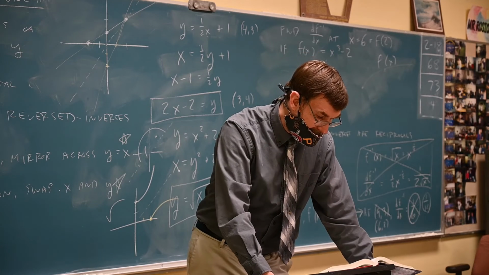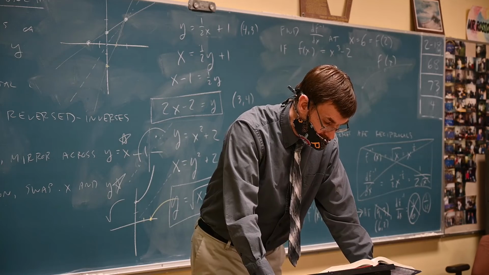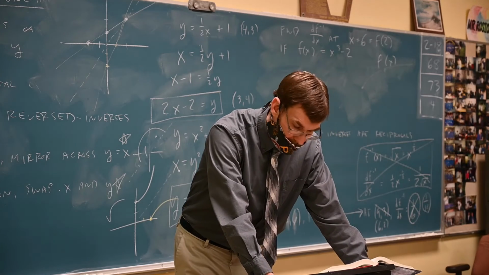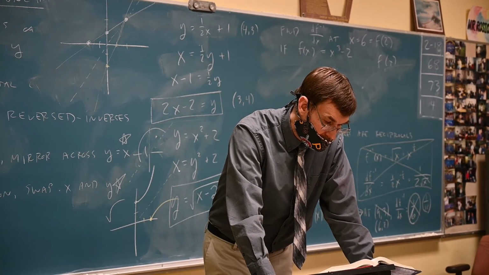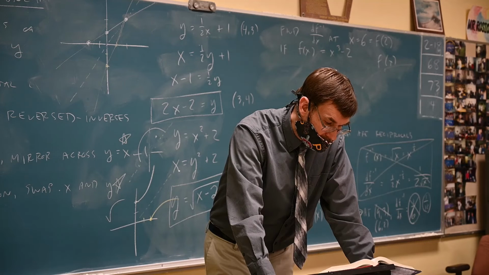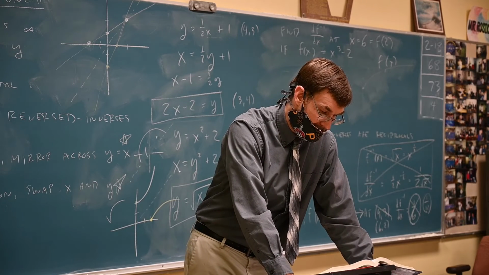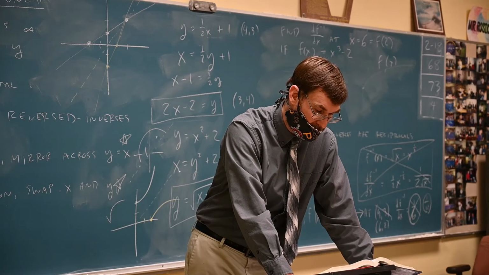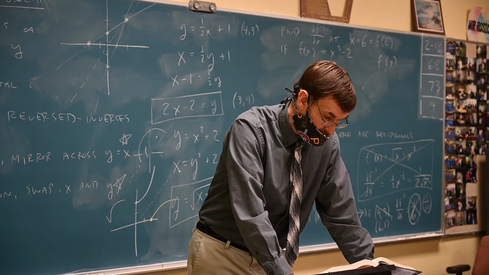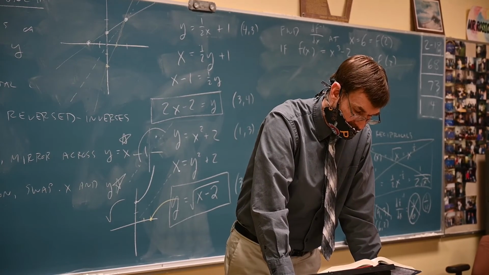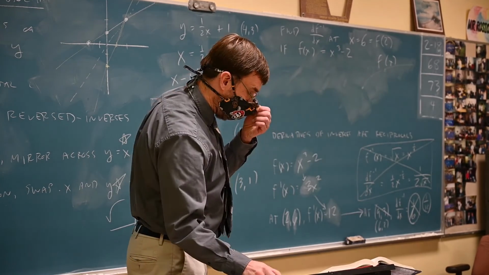25 to 28 is just the same thing. Switch x and y, keep solving. And then they do want you to plug in. So there's a small addition on 25 to 28.